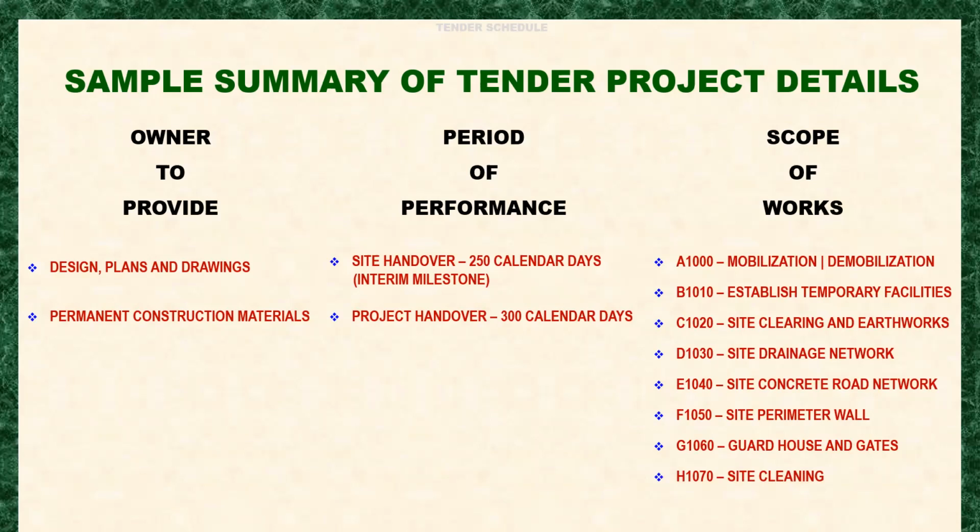Okay, it looks very simple because this is intended for tutorial purposes only. Now let's shift to P6 to create an EPS and add a new project for the sample tender detail.